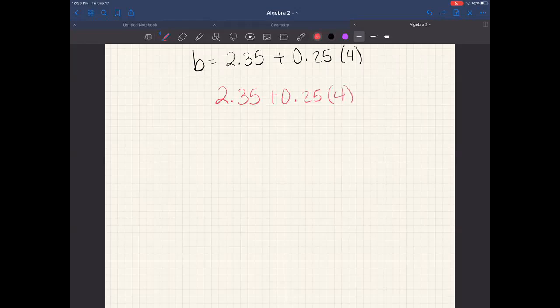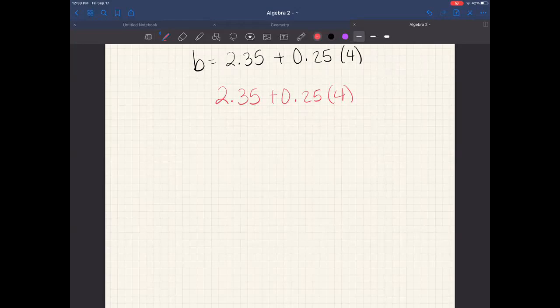Now I don't even need to do the multiplication of 0.25 by 4 because a quarter is 25 cents. If I have 4 quarters, I have what? A whole. I have $1, right?